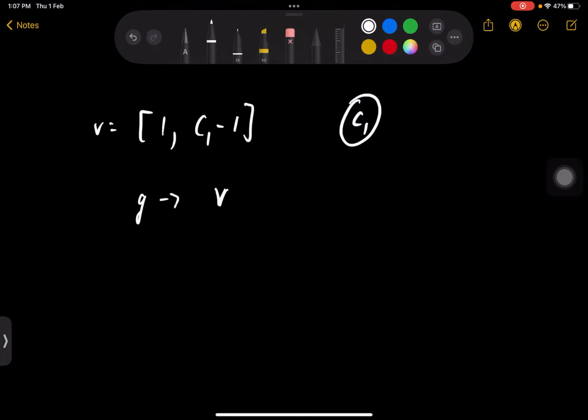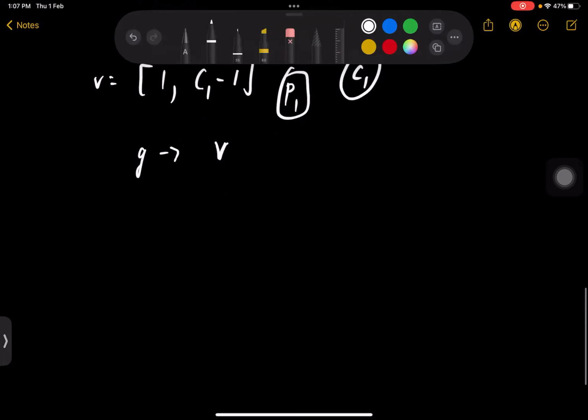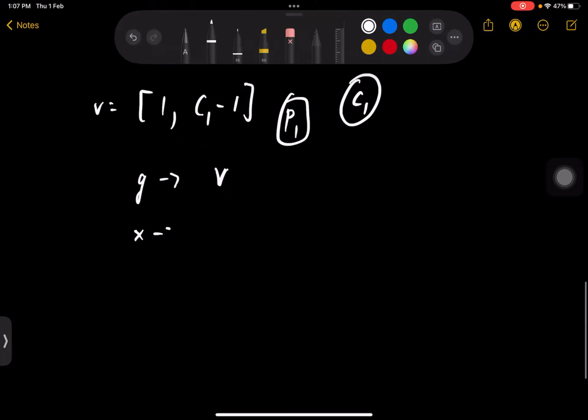That is the power of prime P1 in the numerator, that is in the GCD. Now, we know in X that number's power is always C1. And we also know that C1 is always greater than V, because we are fixing only numbers from 1 to C1 minus 1.